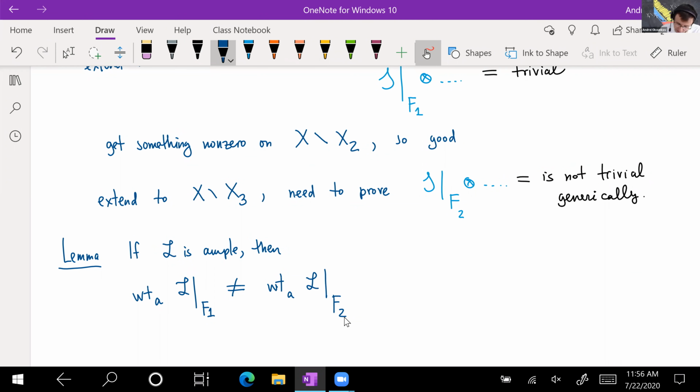And so in particular, after a twist by L, what I'm trying to prove will really depend on that, and so will not be true.